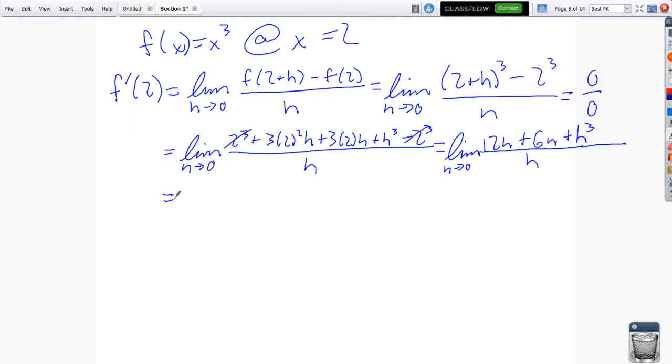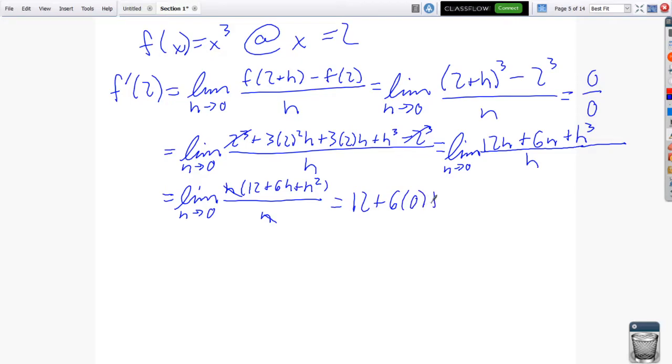I can do the limit as h approaches 0 of factoring out an h times the quantity 12 plus 6h plus h squared all over h, cross it out, and now I can substitute. I've got 12 plus 6 times 0 plus 0 squared, which would equal 12 plus 0 plus 0, 12.